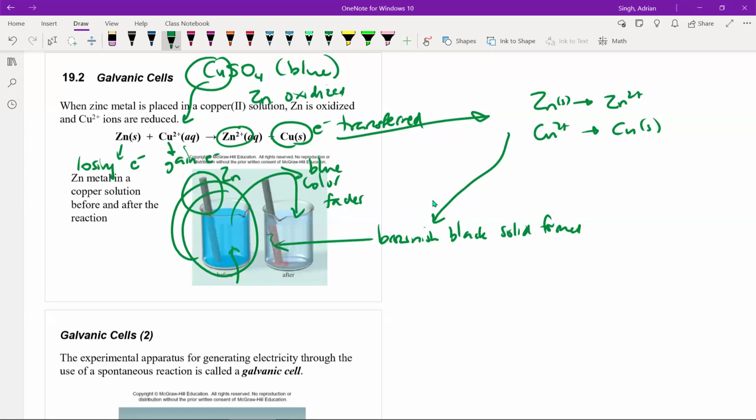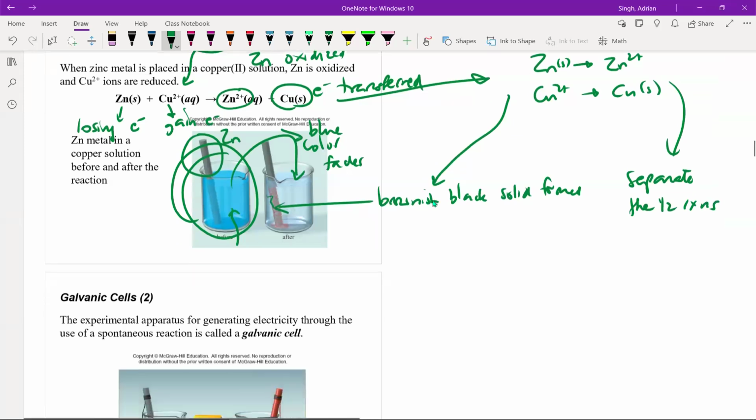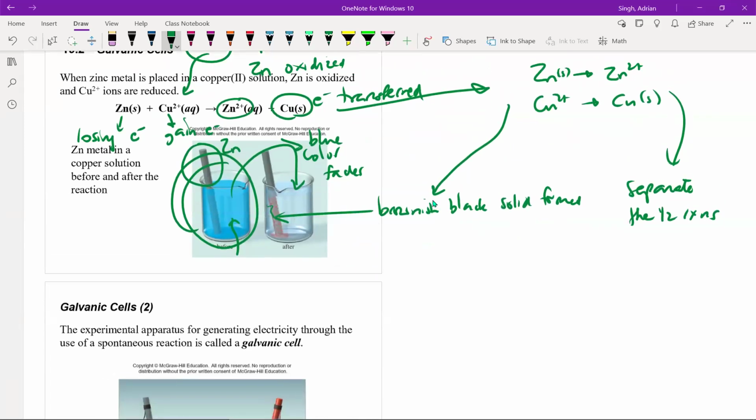What we can actually do is separate these half reactions. And then we can force the electrons to move through an external wire.